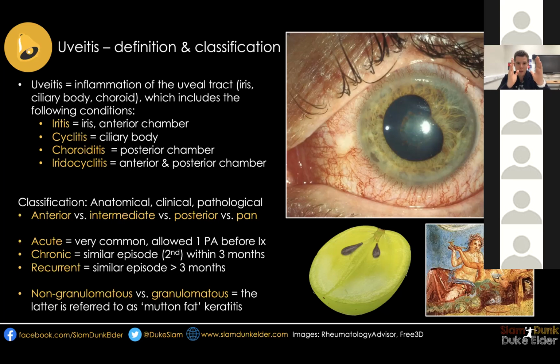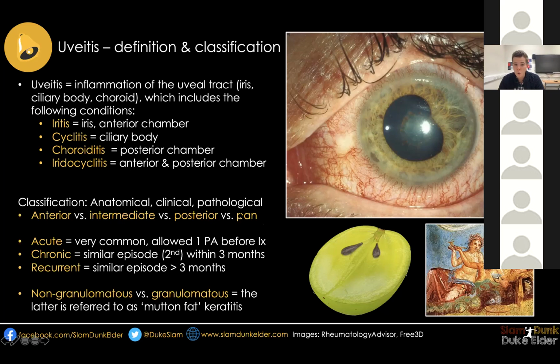That is termed intermediate uveitis. And then we have posterior uveitis, which is just the neurosensory retina and the optic nerve. So anything that affects the neurosensory retina, as well as the choroid underneath and the nerve, is known as posterior uveitis.